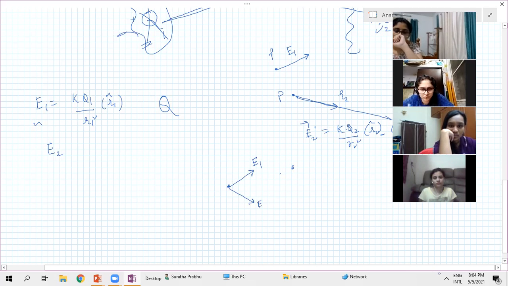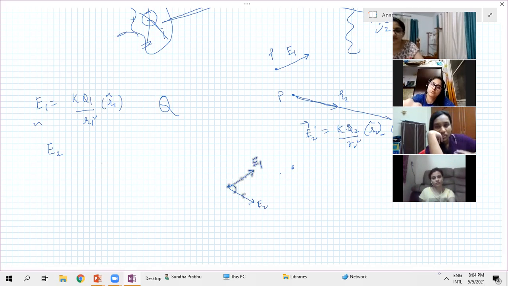Through geometry, you should be able to calculate the angle between them. Those will be specified. And then you use the parallelogram law and find the E net between E1 and E2. You find the vectorial addition of E1 and E2, just like you found the forces. Are you able to follow this, guys?